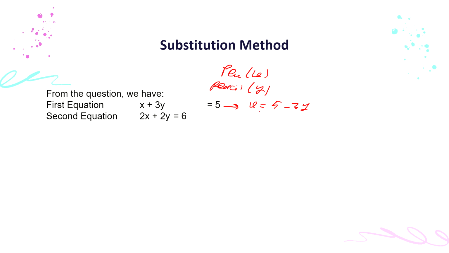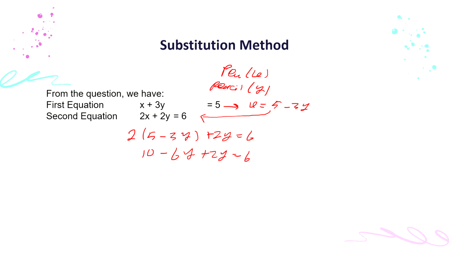After this, we will substitute the value of x into the second equation. So we get 2 times (5 minus 3y) plus 2y is equal to 6. 2 times 5 is 10, 2 times minus 3y is minus 6y, plus 2y is equal to 6.